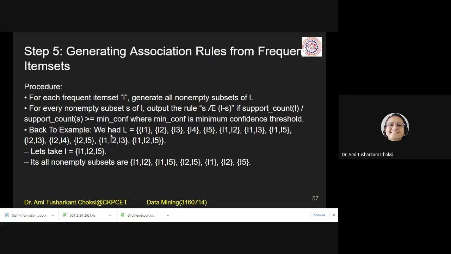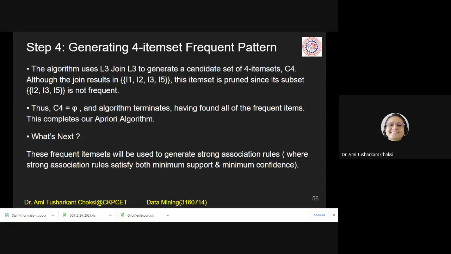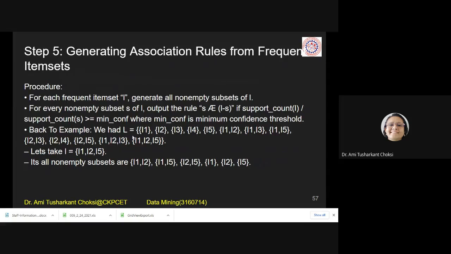Let us have our L, that is the combination of our L's: L1, L2, L3. L1 has all frequent one item sets: I1, I2, I3, I4, I5. L2 has I1, I2, I1, I3, I1, I5, I2, I3, I2, I4, I2, I5.